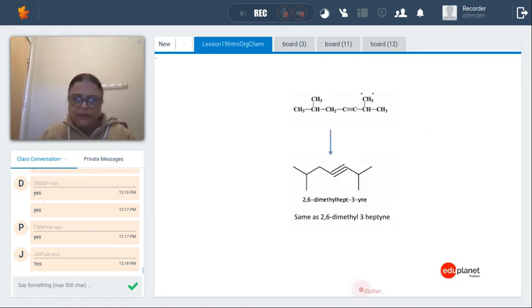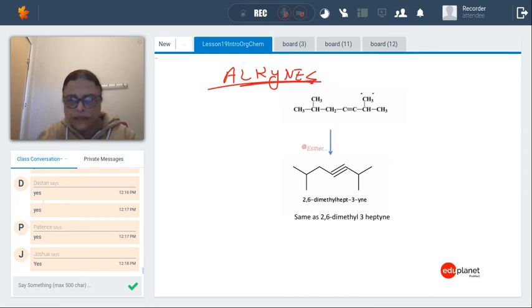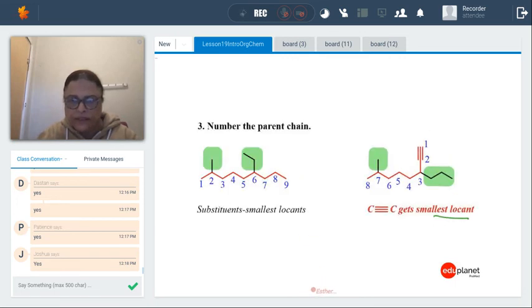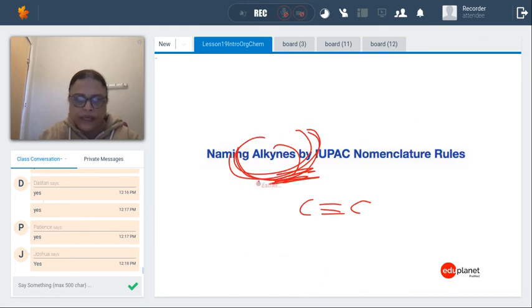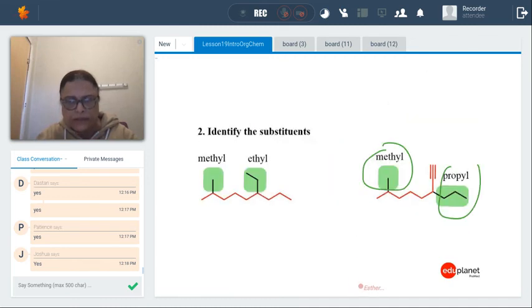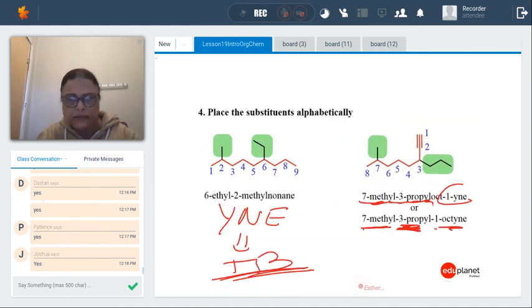And you see, for example, you have a molecule that contains a triple bond. This is the alkyne family. Alkynes. So as you can see, we are talking about the alkynes. Triple bond, alkyne. Double bond, alkene.